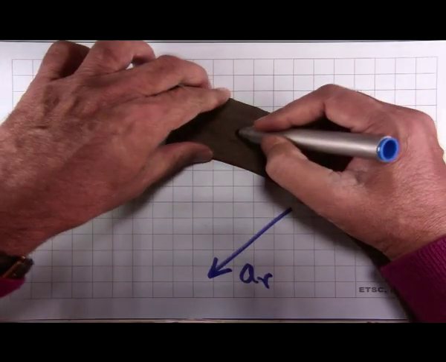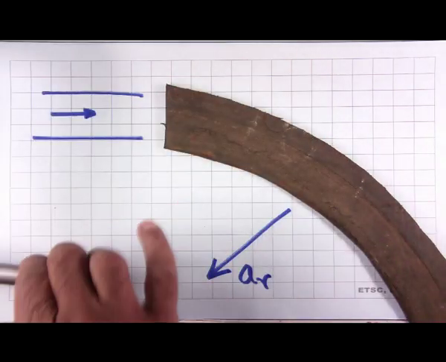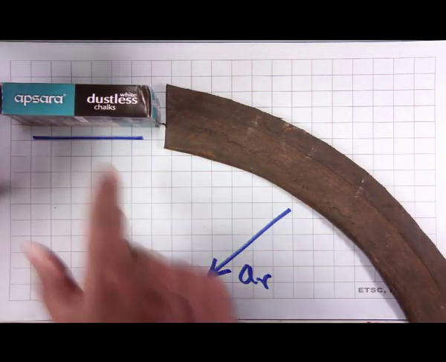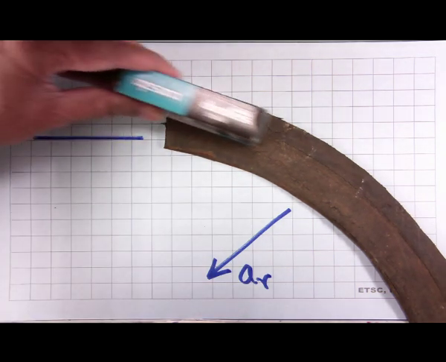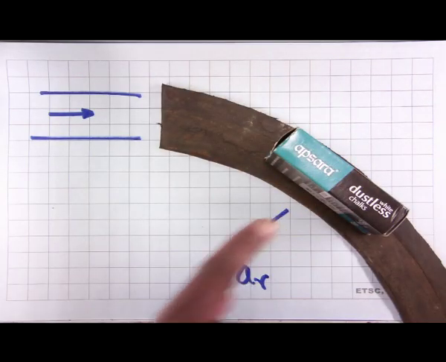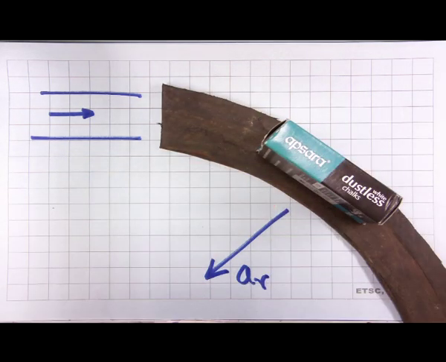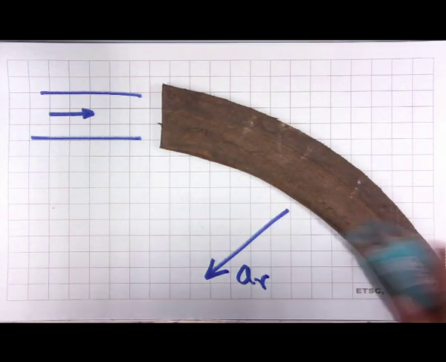But once it comes on a curved path, there has to be some external force which has to provide this radial component of the acceleration as it moves along the curved path.